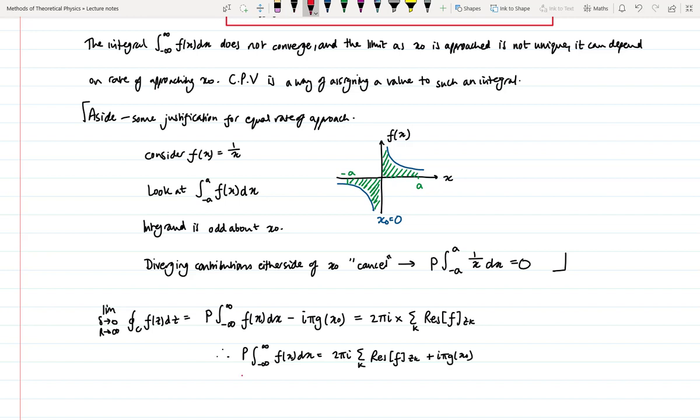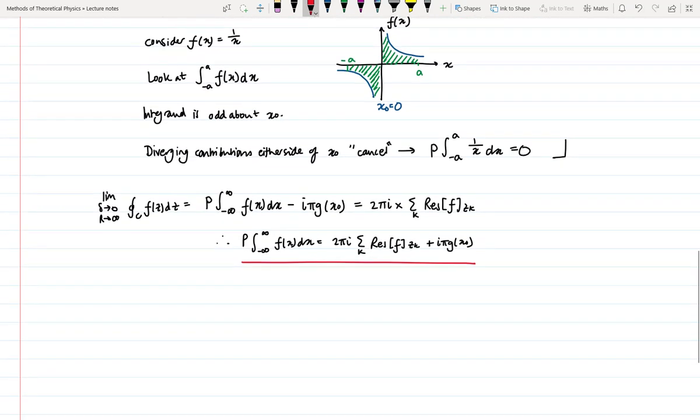And we're done. A quick note that this was for an integration contour that looked like this, where the pole was not enclosed by the integration contour. And these were the orientations.